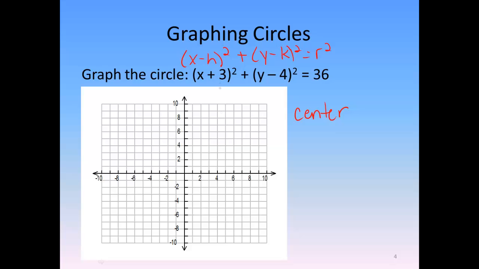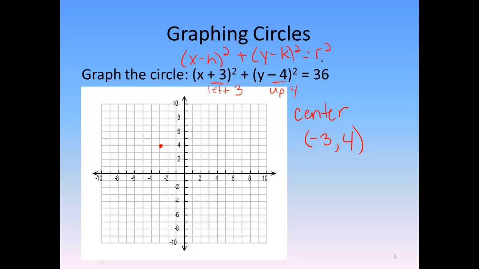Just like with all of our other transformations, x plus 3 is a transformation left 3, and that makes my center at negative 3. Now we have the y's. Y minus 4 is going to be up 4, because it's in parentheses, it will be the opposite. So my center is at negative 3, 4.